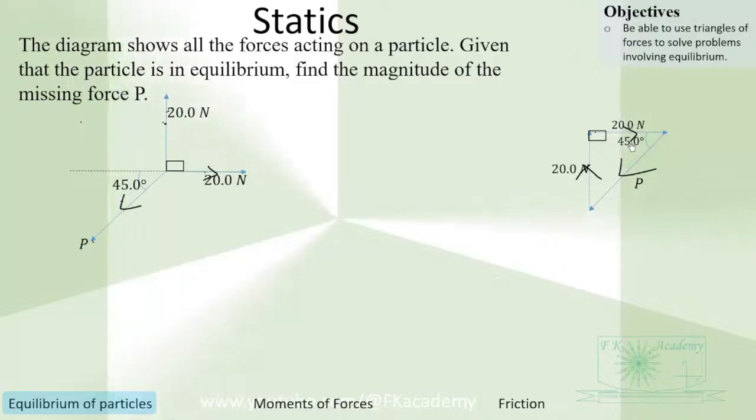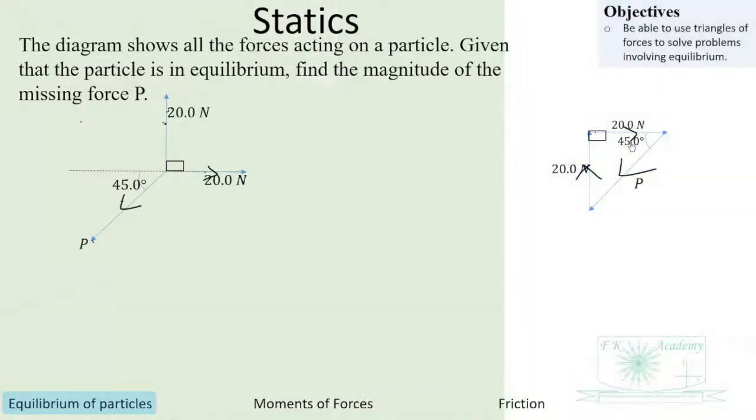Now, how do we calculate the magnitude of the missing force P? Since the triangle here is a right angle triangle, we can use the cosine ratio to find the missing force.